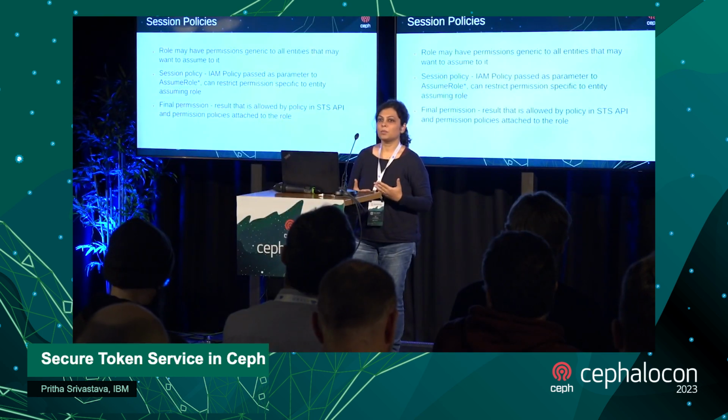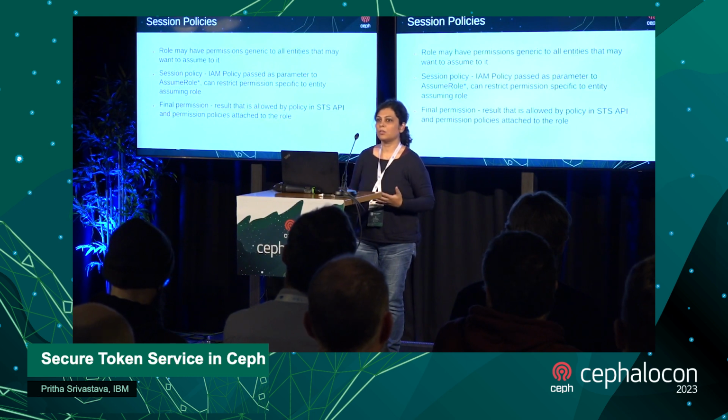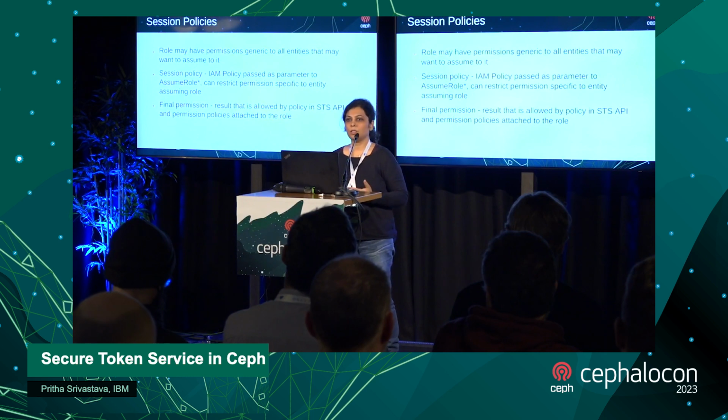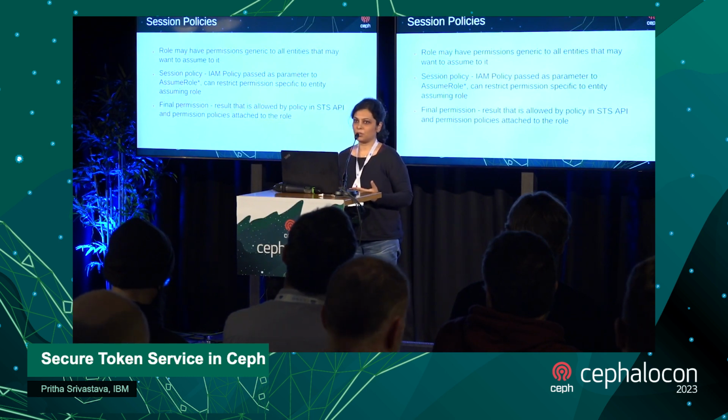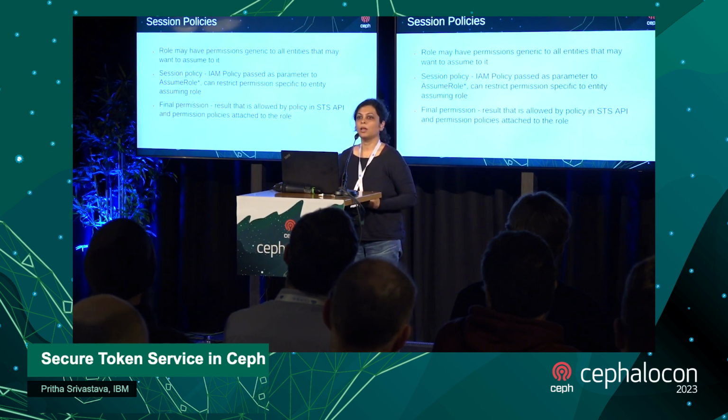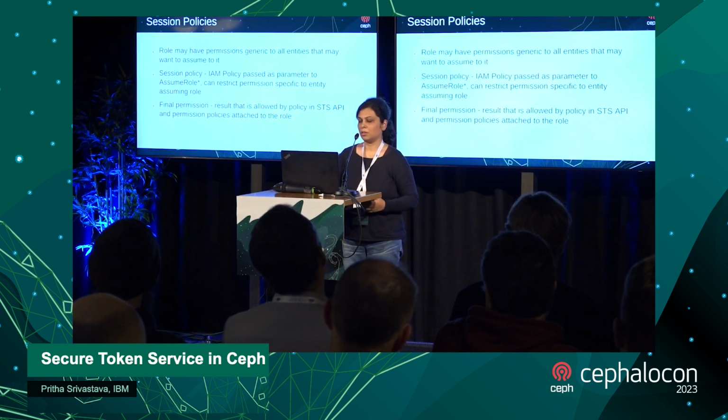But sometimes we may define a policy which is generic for all the entities that assume a role. So session policies can be used to restrict those permissions further. And the final permission is an intersection of the IAM permission policy attached to the role and the session policy.